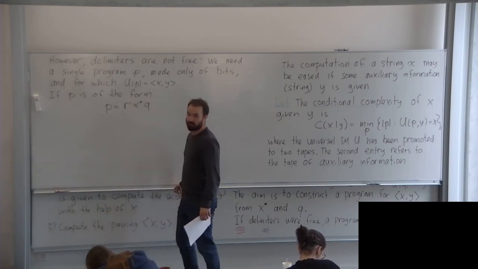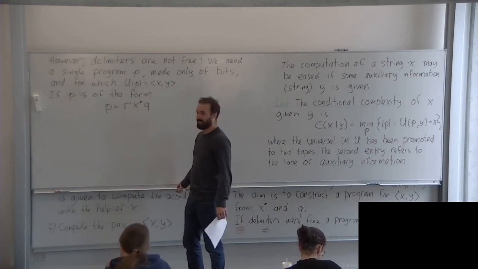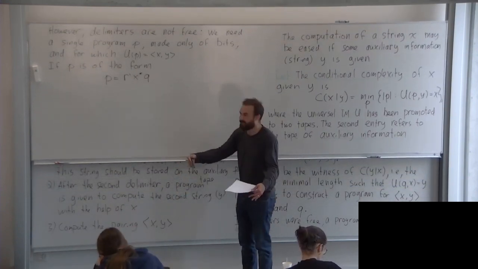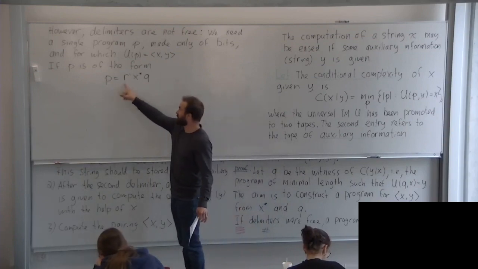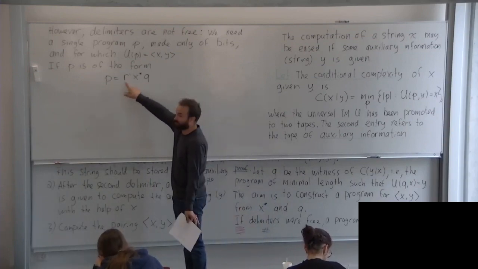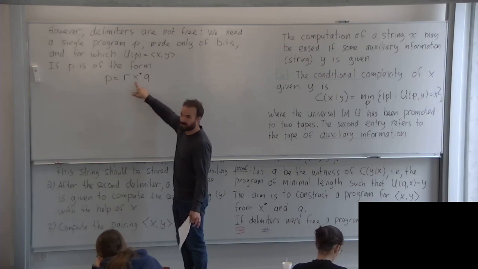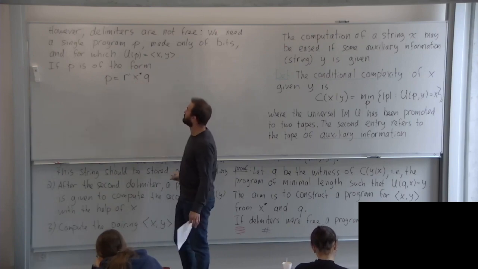Basically, R prime is the same idea as R. It has the same aim. It has to be a short program which is going to use two other subroutines to produce, first x, and then y from x.